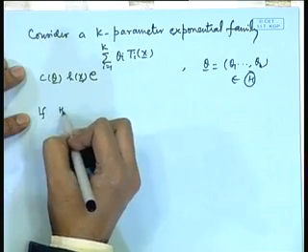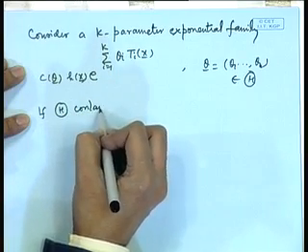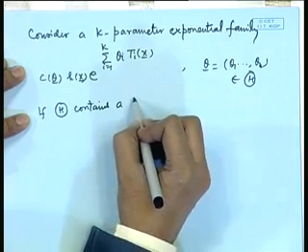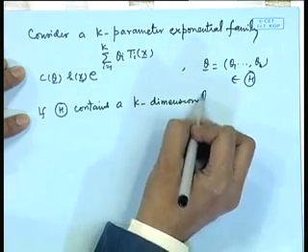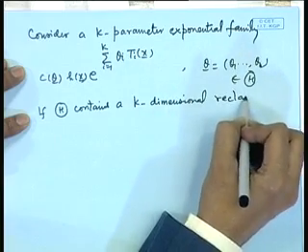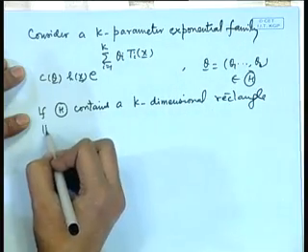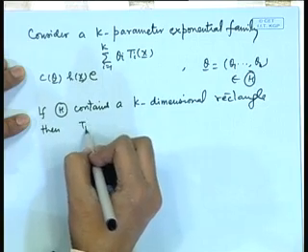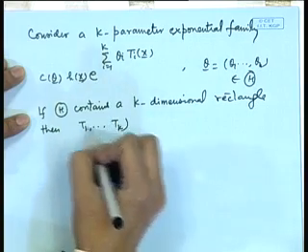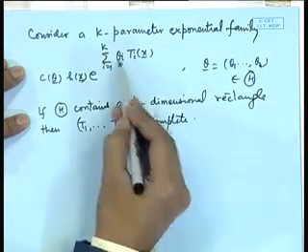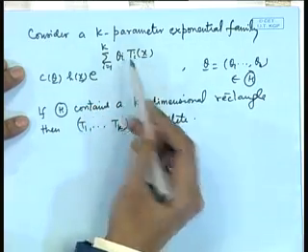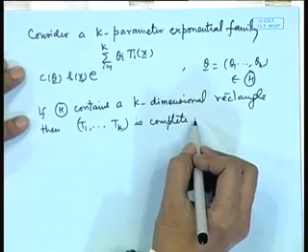If theta contains a k-dimensional rectangle, then T_1, T_2, ..., T_k is complete. Sufficiency is of course obvious because of the factorization theorem, but this will also be complete.